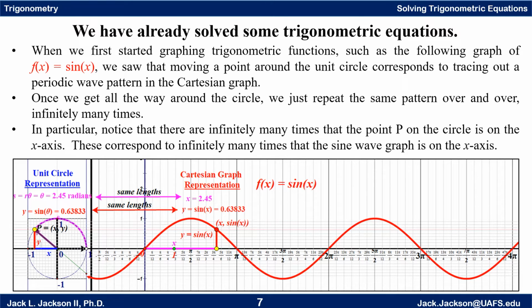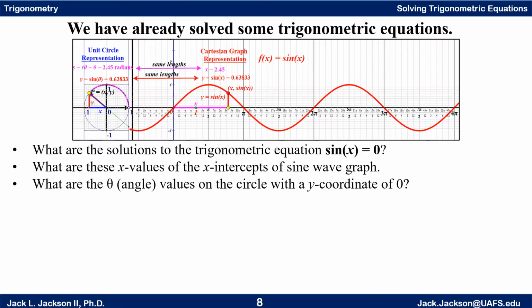And in particular, notice that there are infinitely many times that this graph crosses the x-axis. There's at 0, at pi, 2 pi, 3 pi, 4 pi. Go this way, negative pi, negative 2 pi. So, what are the solutions to the trigonometric equation sine of x equals 0?